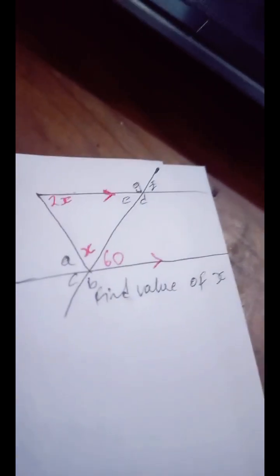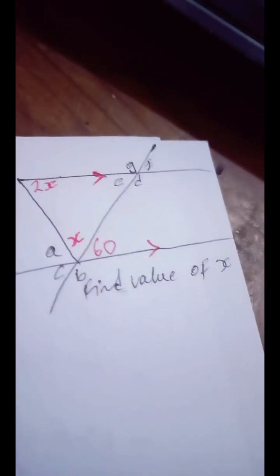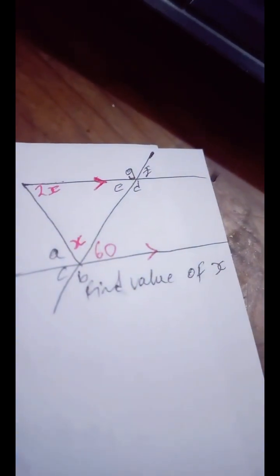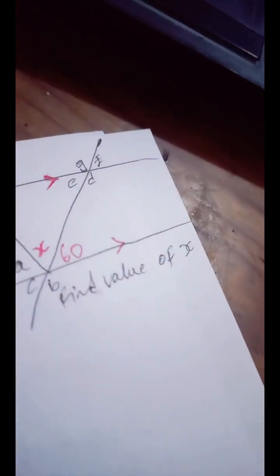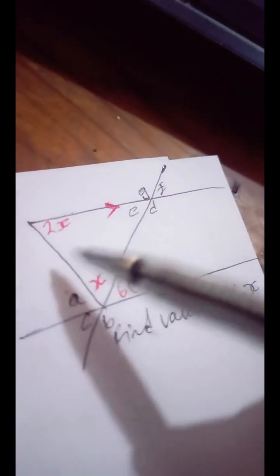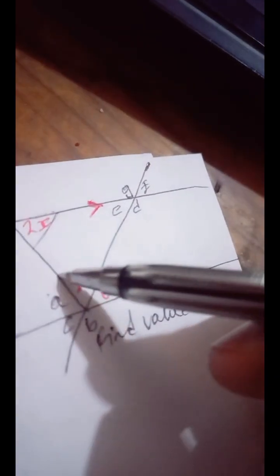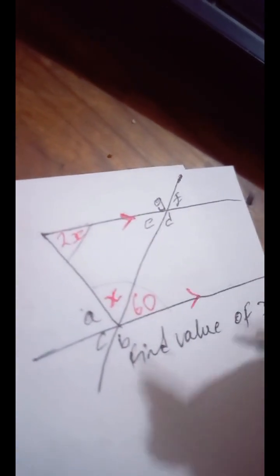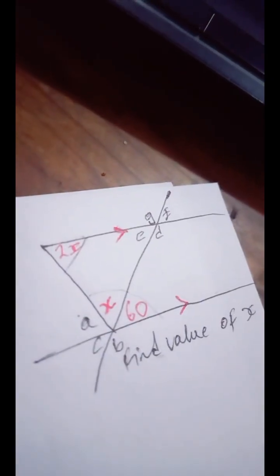Look at it this way. We have parallel lines. This angle and this angle are creating a U, which is co-interior.